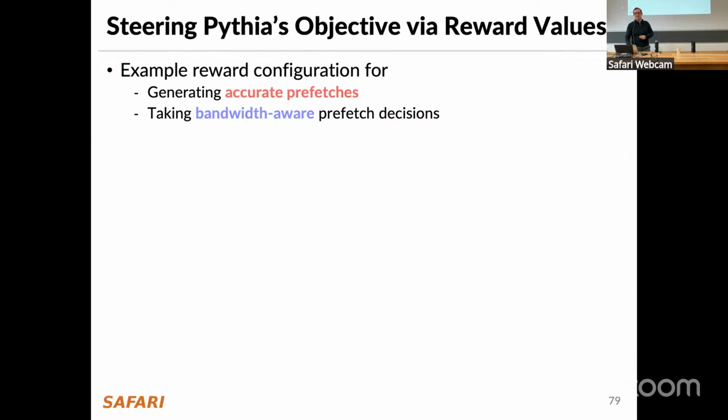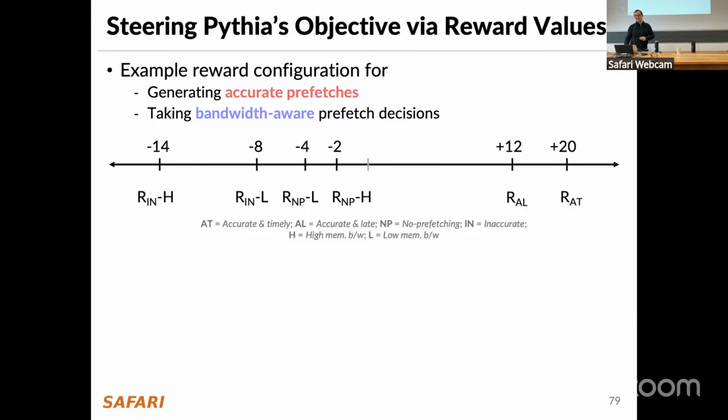So for example, one reward configuration may be biased toward generating accurate prefetches and making bandwidth-aware prefetch decisions. It looks kind of like this, right? Essentially, accurate prefetches, whether they're late or timely, get positive rewards. Timely gets even higher rewards, as you can see.